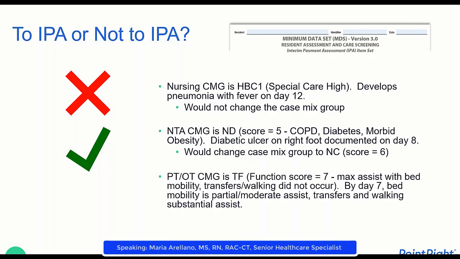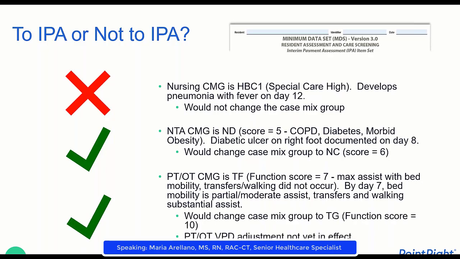Let's look at a last one here. A PT/OT case mix group is TF, where you have a function score of 7. But by day 7, the mobility has definitely improved to partial moderate assist for transfers, and walking with substantial assist, okay? It's on day 7. And so you say, okay, is this IPA worthy?